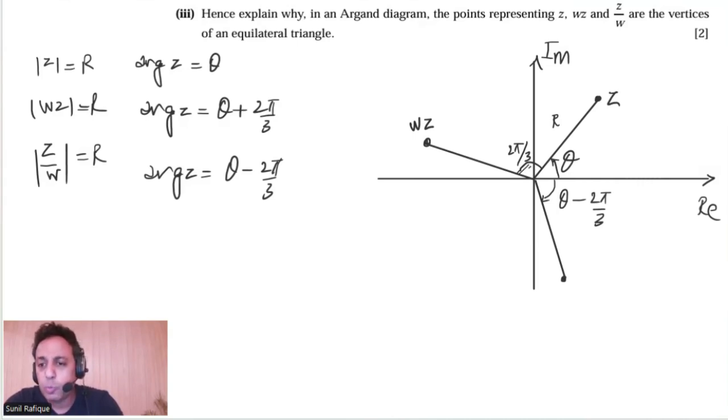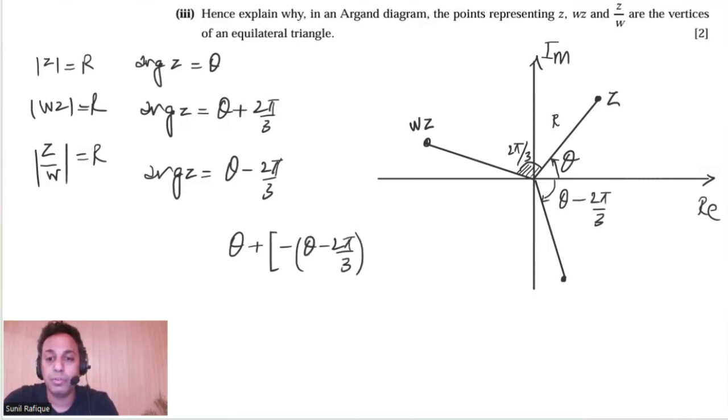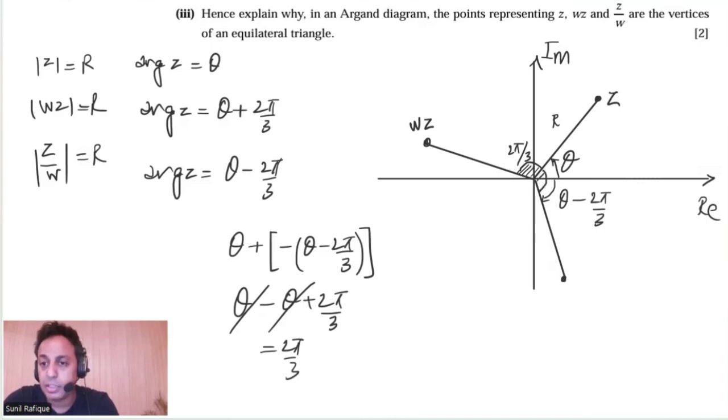So if this is 2 pi by 3, now I need to check what happens if I add theta plus a negative, or let me just write it like this, square bracket, negative theta minus 2 pi over 3. I'm trying to prove that this will end up just 120 again. So this angle in the middle is again 2 pi by 3. And we know from the circular angles that this is going to be 2 pi over 3 as well.